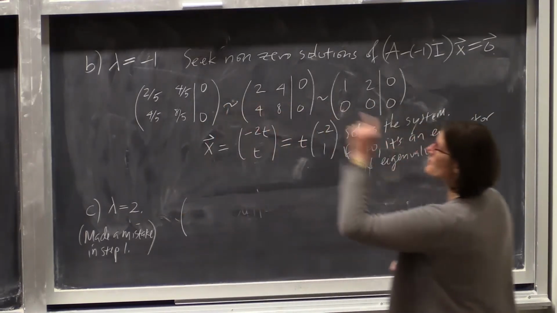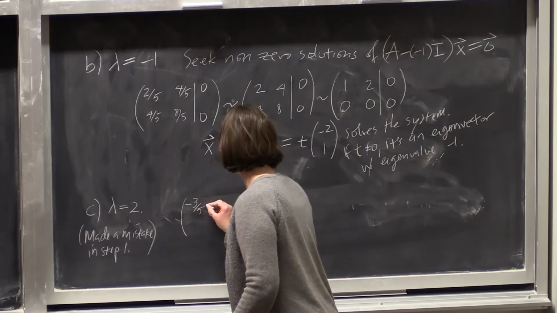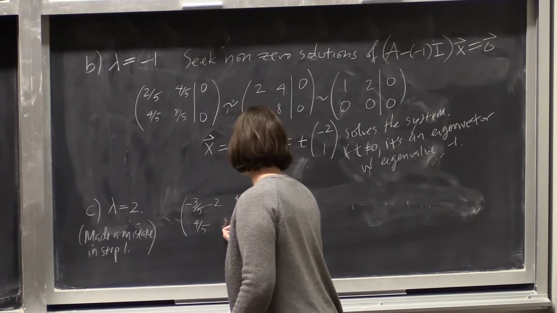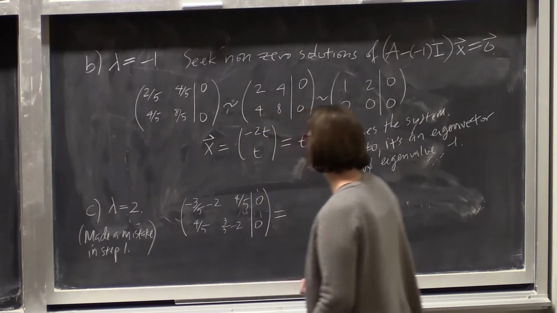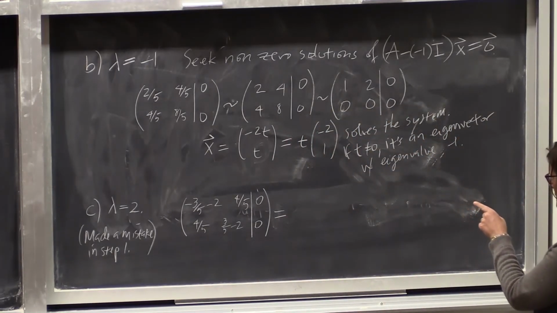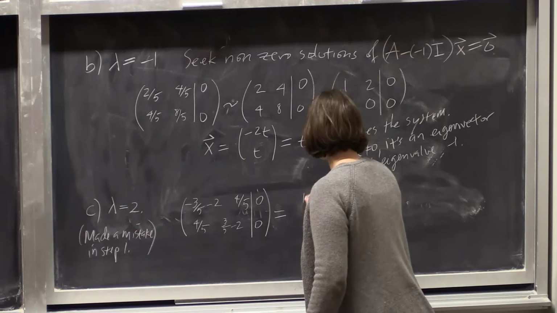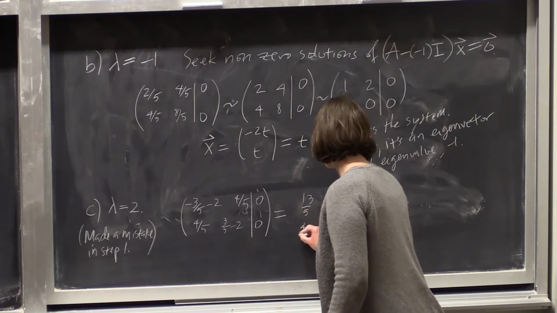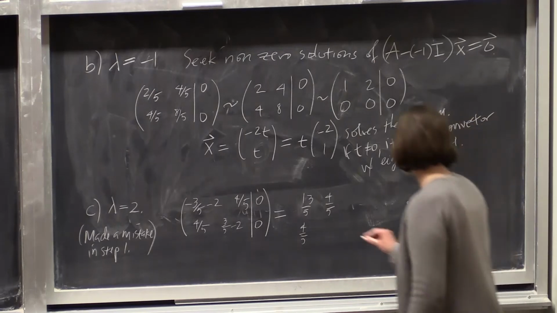Then when you're solving the linear system, you're going to have -3/5 minus 2, 4/5, 4/5, 3/5 minus 2, 0, 0. So -3/5 minus 10/5 is -13/5. Here I've got 4/5. Here I've got 4/5. And here I have 3/5 minus 10/5, which is -7/5.